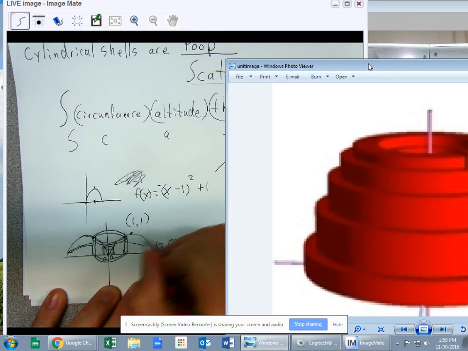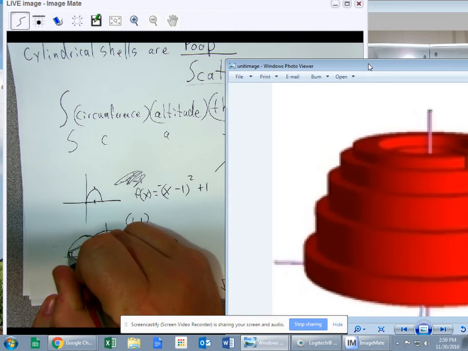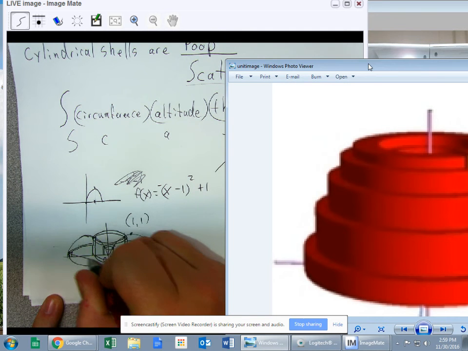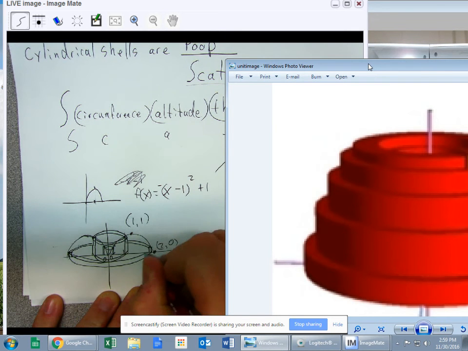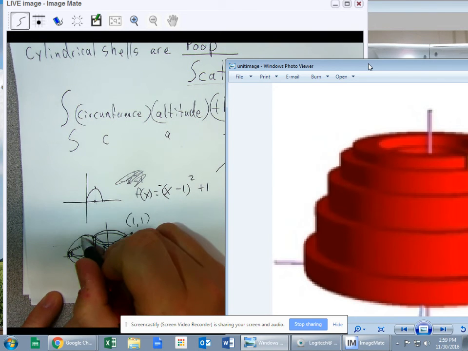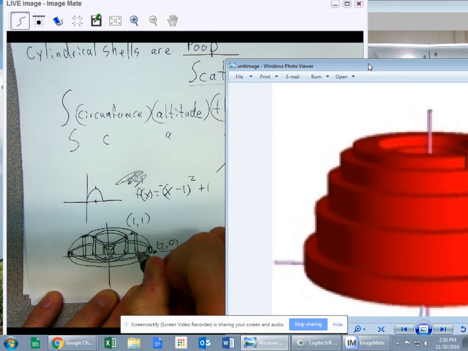So this little cylinder out here looks like this, and then you have a higher cylinder here in the middle, and it goes around like this.